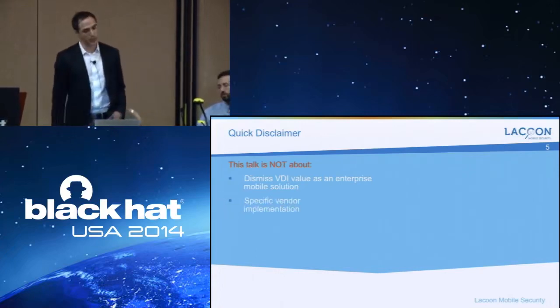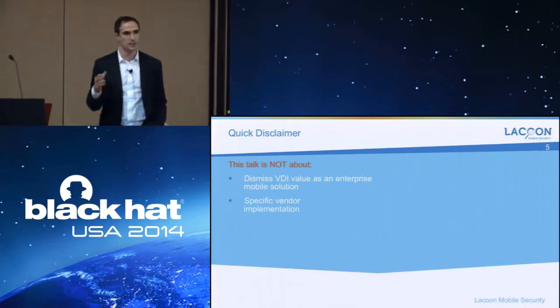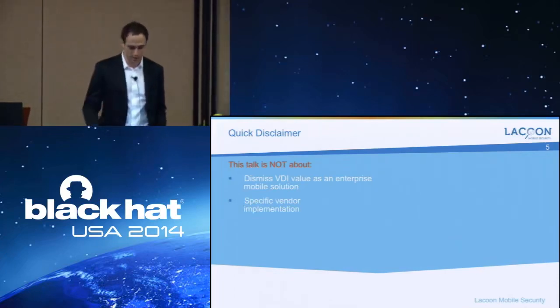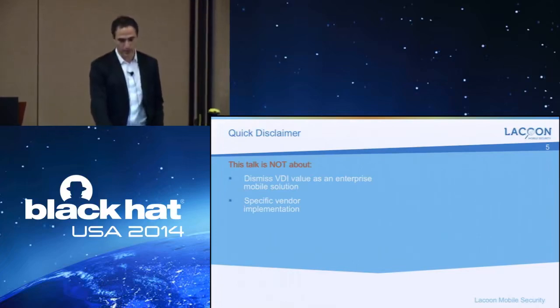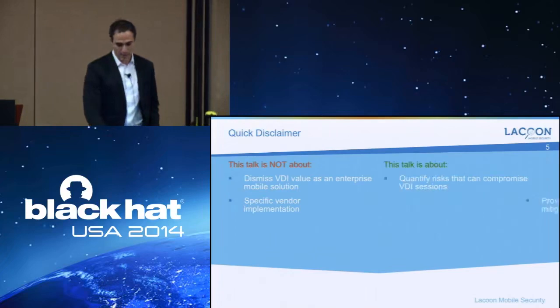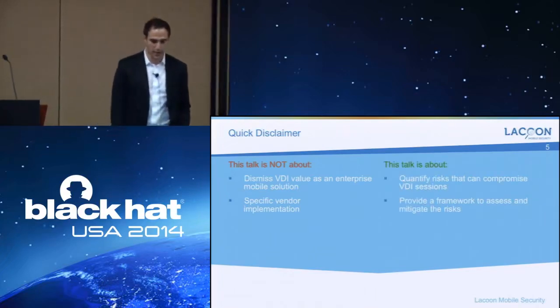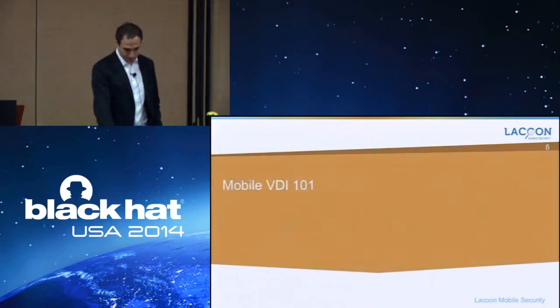And the second thing is we are not talking about a specific vendor implementation. The things that we are going to talk about today are generic and more about the architecture aspects around the security issues there. And as I've said, we're going to quantify the risk, provide demos and provide a reasonable framework for how to solve the problem.